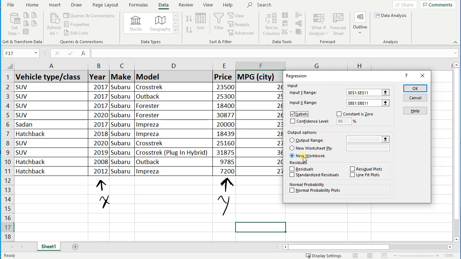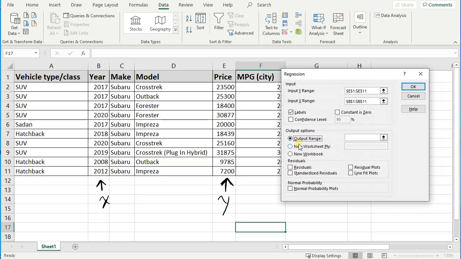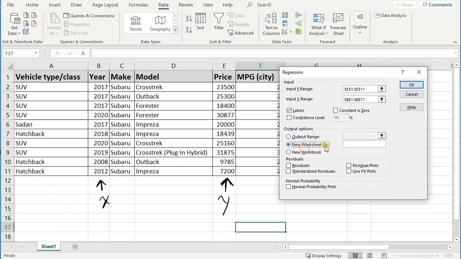In terms of your output options, you have 3 options. Output range will, if you put your clicker there and then click somewhere, put the output there. I don't particularly like that, but you can do it and it'll put the output directly below. A lot of times I'll go ahead and create a new worksheet, and it'll create a new worksheet down here.